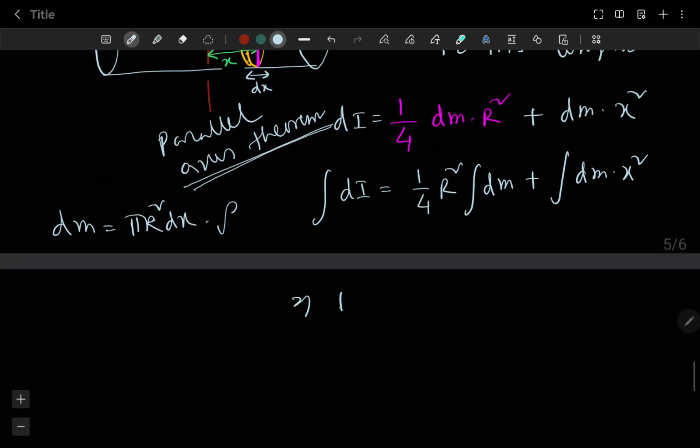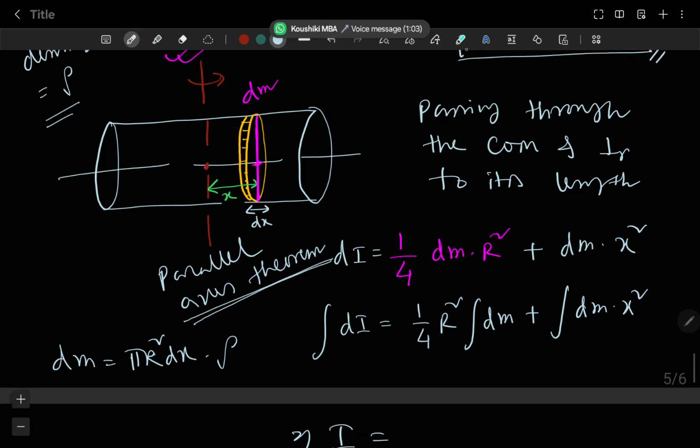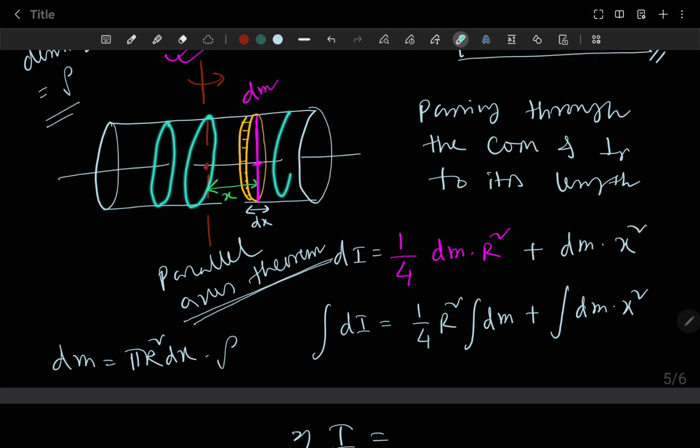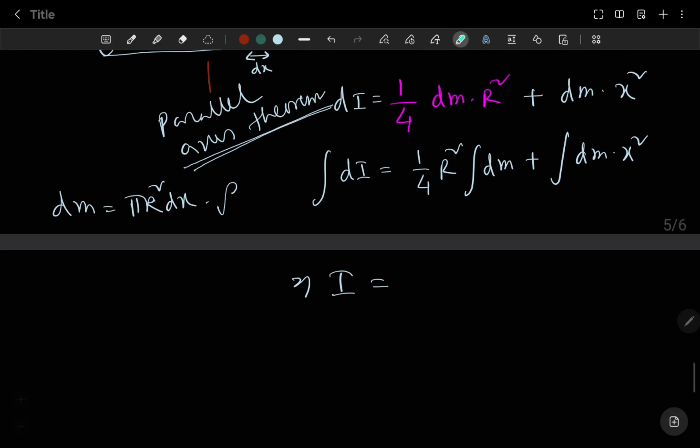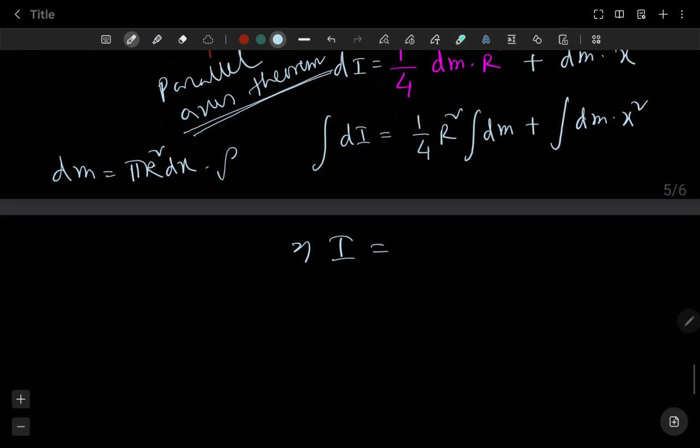If I integrate the moment of inertia of all these elemental discs, I'll get the moment of inertia of the entire cylinder about this axis, that is I. It is clearly 1 by 4 capital M R square plus pi R square dx rho times x square.